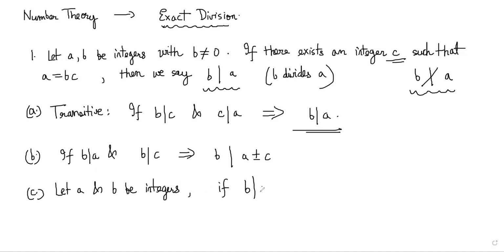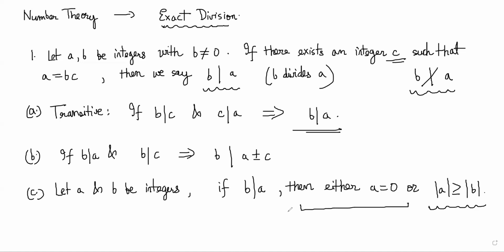If B divides A, then either A is 0 or mod of A must be greater than or equal to mod of B. So if B completely divides A, then A should have a larger modulus than B. And if that is not true, then A must be the number 0, because 0 is always divisible by any other integer.